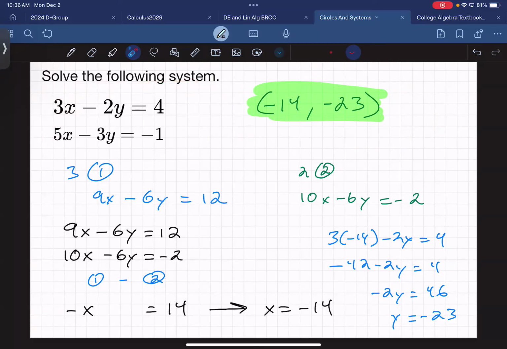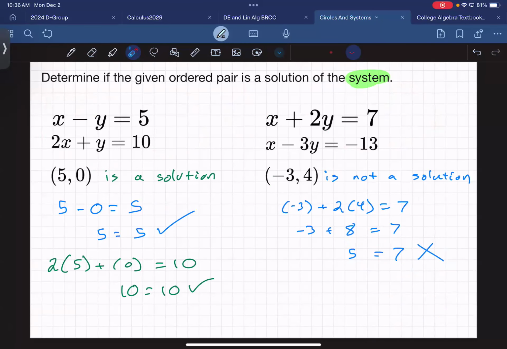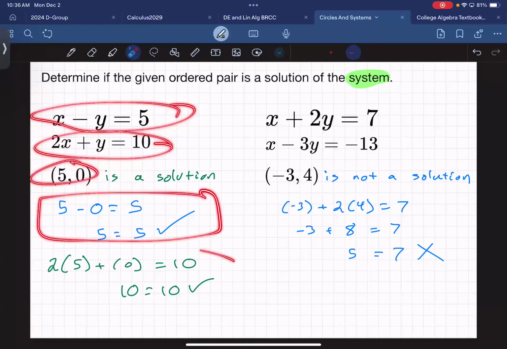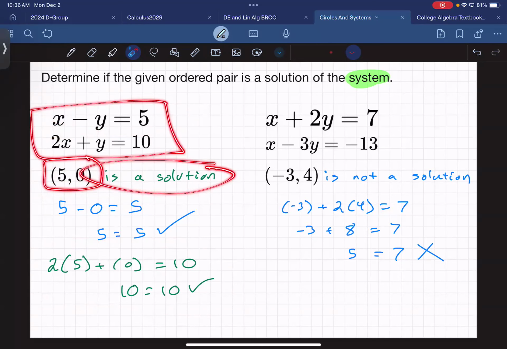When we're trying to solve, we're trying to find a solution, right? A solution means that when I plug it in, it makes the equation what? True, right? We plugged this in to both equations, and both times it gave us a true statement, right? So this ordered pair was special because it was the solution to a system.